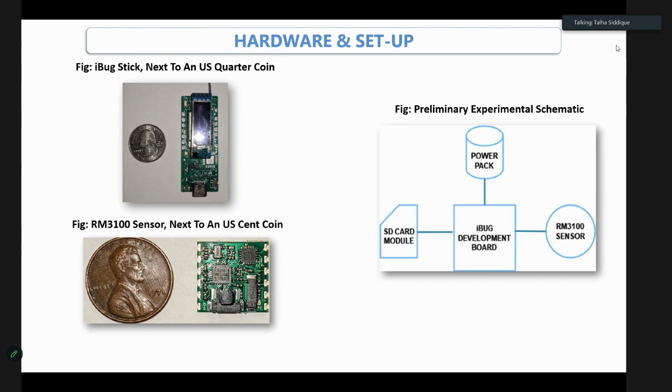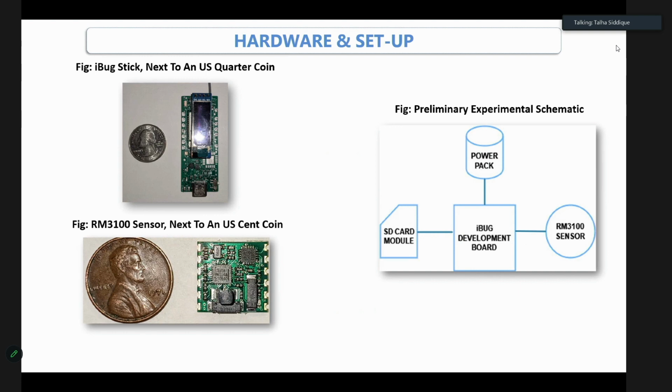The iBug development board is a machine learning enabled, long-range wireless communication capable MCU, because it has the RAK11300 module, which consists of the RP2040 microcontroller unit, as well as, like I mentioned earlier, the long-range wide area network capability.